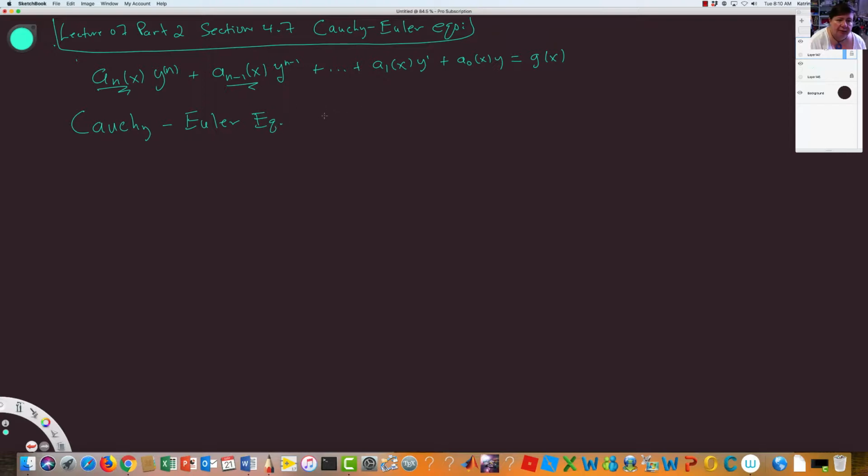They look like this: you have some constant a_n times x^n times the nth derivative of y, plus a constant a_(n-1) times x^(n-1) times the (n-1)th derivative of y, plus dot dot dot, a constant a_1 times x times the first derivative, plus a constant a_0 times x^0, but this would just be y, equal to g of x.